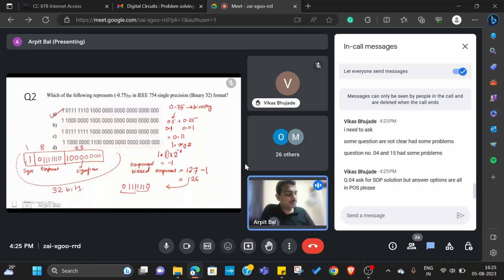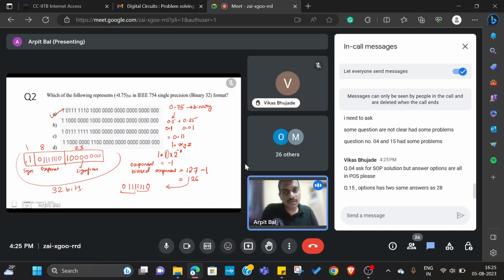In question 2, there was just a bit of difference: 0.75 was given, which has a fractional part. In the previous question, that was 23, there was no fractional part. So here we have the fractional part, but the procedure is again the same.